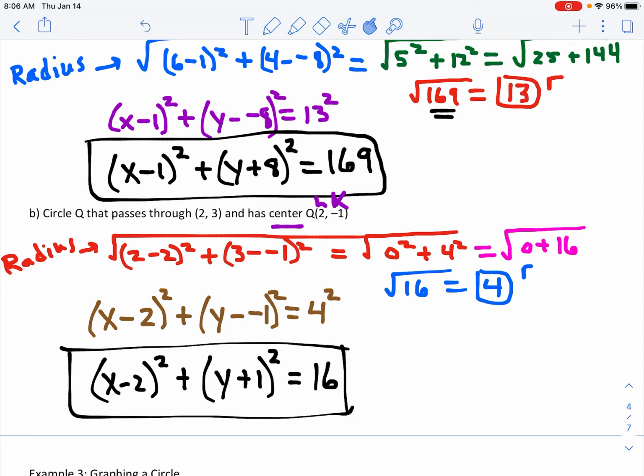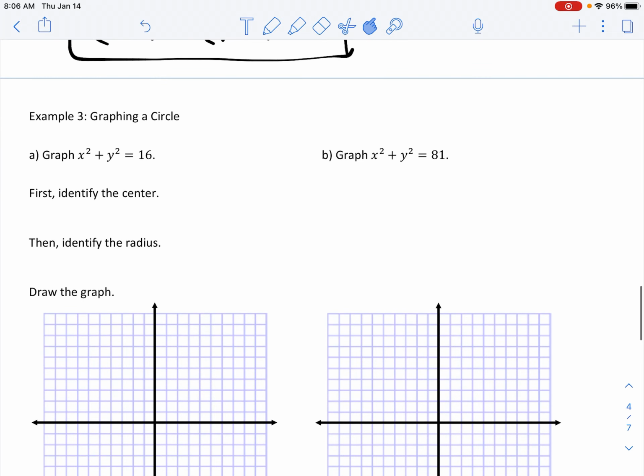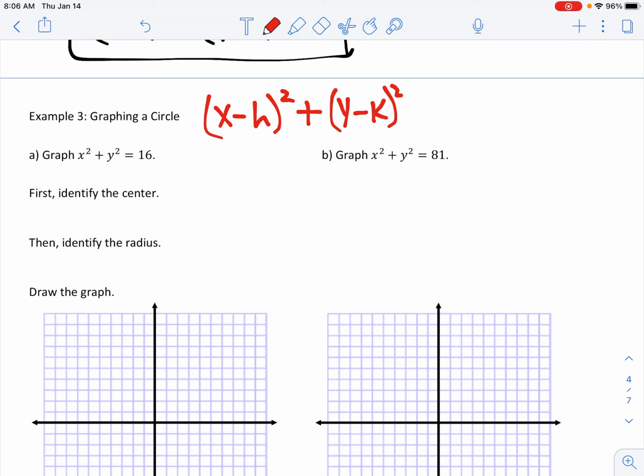All right, so the hardest problems are when they don't give us the radius and we must find the distance first. All right, that's the first part about today. Let's go ahead and look at what happens when we have to work backwards. All right, now remember our equation of the circle is technically x minus h squared plus y minus k squared is equal to r squared.